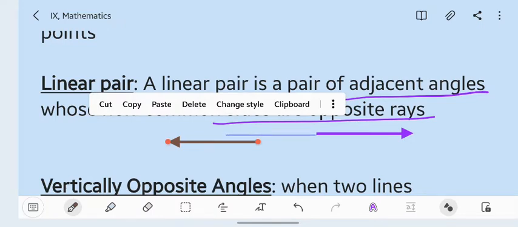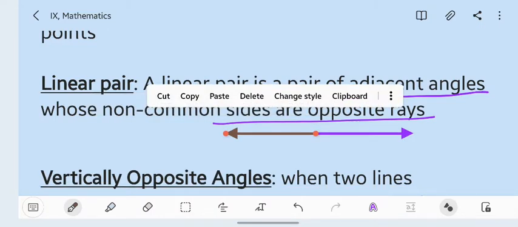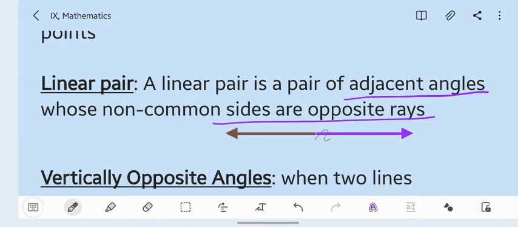If this ray joins with the first ray, it has a common endpoint, which is O, and OA is going to the right, OB is going to the left, and these are opposite to each other, and an angle is formed on that. So these are adjacent angles A and B, forming on the same vertex, and the non-common arms are two opposite rays. In that case, we call it linear pair angles.